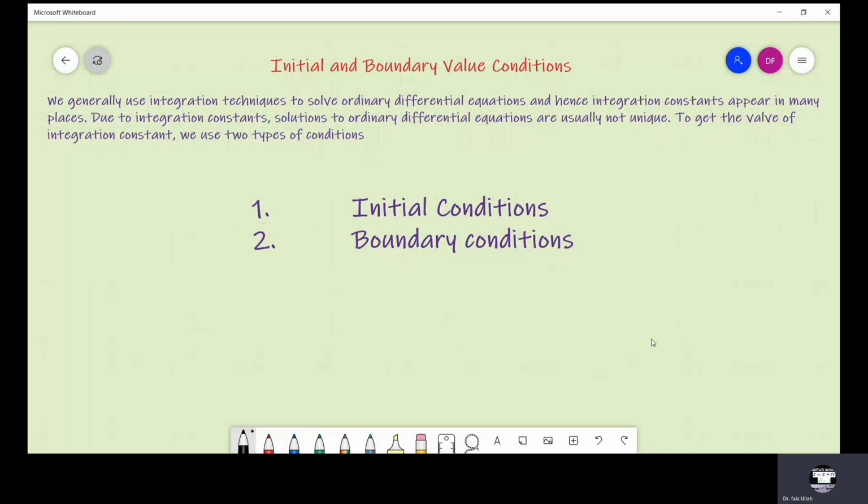Due to integration constants, solutions to ordinary differential equations are usually not unique. To get the value of integration constant, we use two types of conditions with ODEs, and they are called initial conditions and boundary conditions. Let us start from the first one.